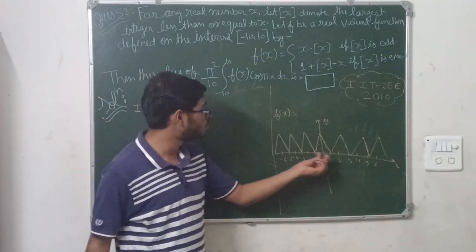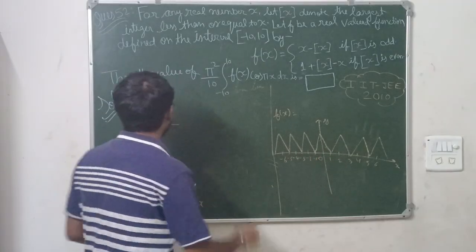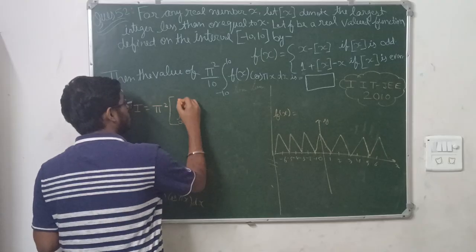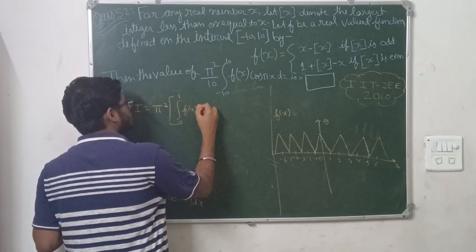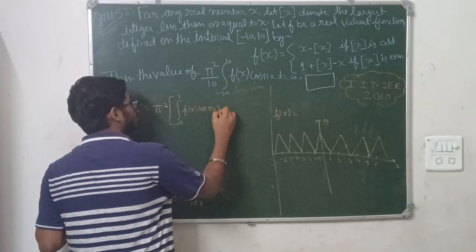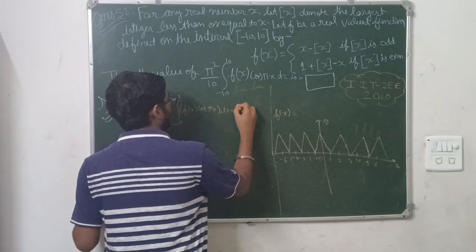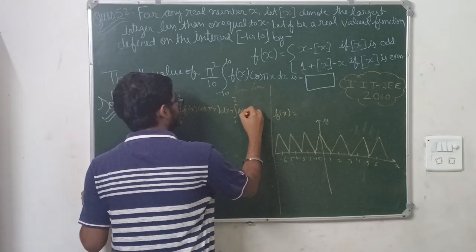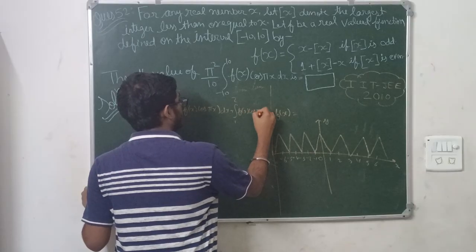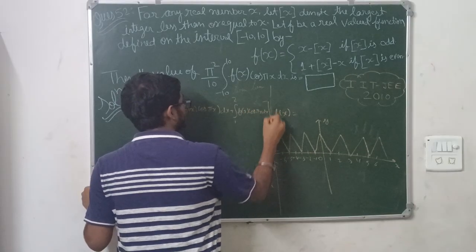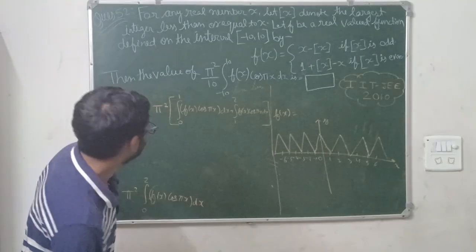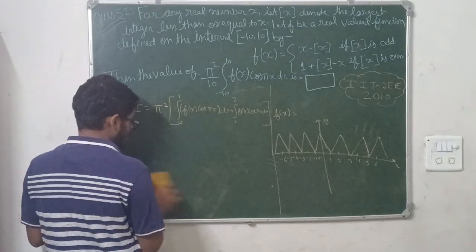So in 0 to 2, the function breaks, so you need to integrate it from 0 to 1 fx cos pi x dx plus 1 to 2 fx cos pi x dx. This is the breaking, okay, because the function is discontinuous at 1.